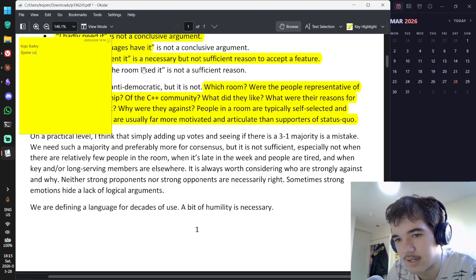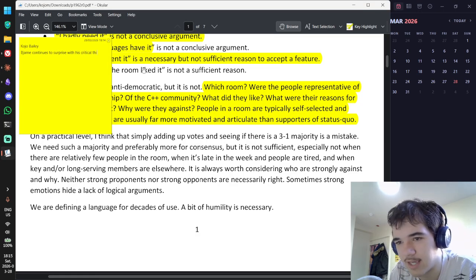Bjarne continues to surprise me with his critical thinking and scientific approach to thinking about language design and implementation, as people should.